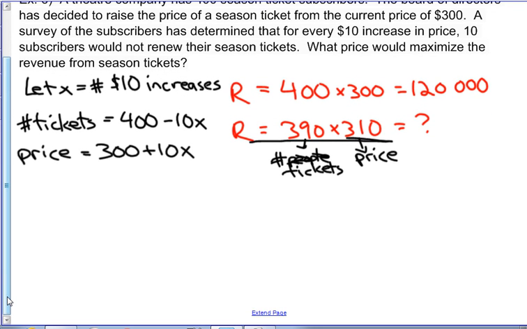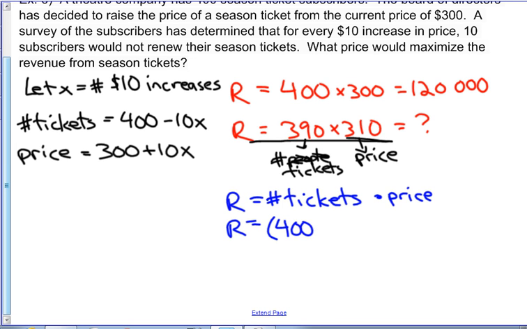So now let's try and generalize. The revenue is number of tickets times price. Or revenue would be 400 minus 10x times 300 plus 10x.